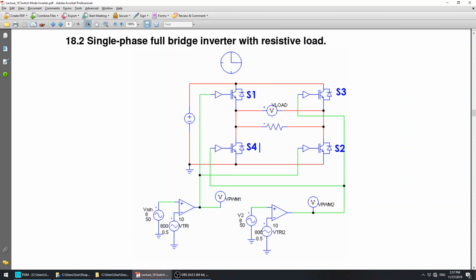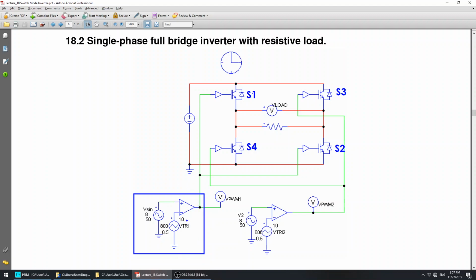If you look closely, the first comparator here will be connected to S1 and the other one to S2. So both S1 and S2 will receive the signals from the first comparator.